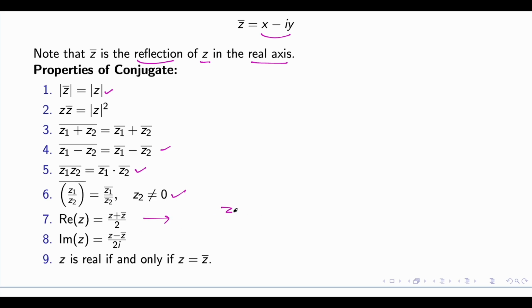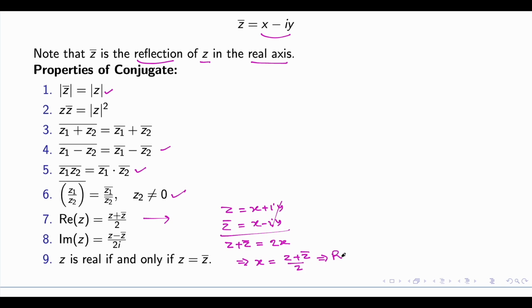You see, Z equals X plus IY, Z bar is equal to X minus IY. So if I add these two equations, the IY terms cancel out. So Z plus Z bar is equal to 2X, which is nothing but X is equal to Z plus Z bar by 2.